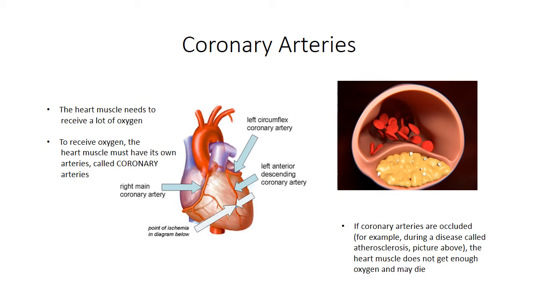The plaques narrow the arteries, and it can happen to any artery, and unfortunately it rather often happens to coronary arteries. If coronary arteries are, we say, occluded, artificially narrowed because there's a growing atherosclerotic plaque in them, then the heart muscle simply does not receive enough blood, which means it does not receive enough oxygen, and it dies.